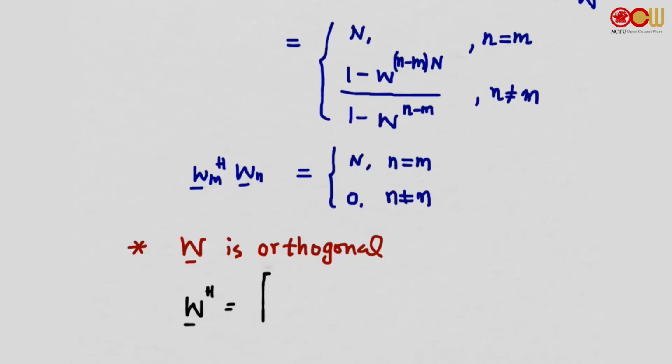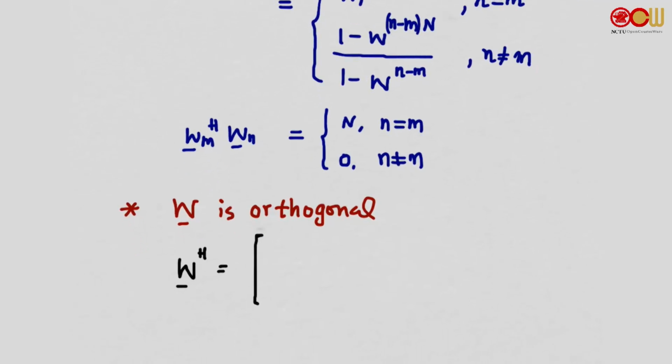then the column vectors become the row vectors with a transpose and conjugate. We get W_0 Hermitian, W_1 Hermitian, all the way to W_(N-1) Hermitian.